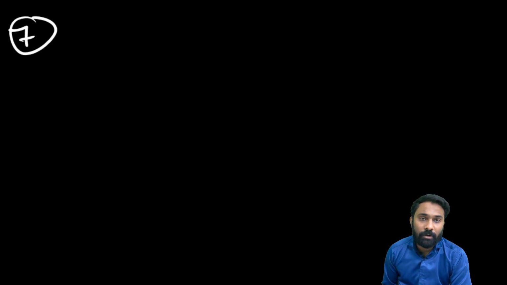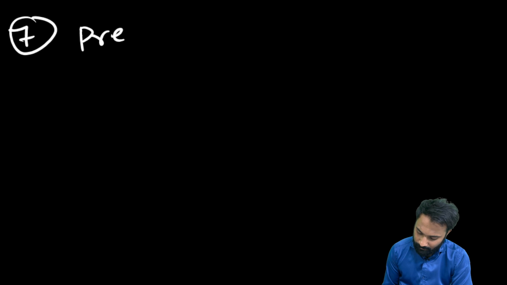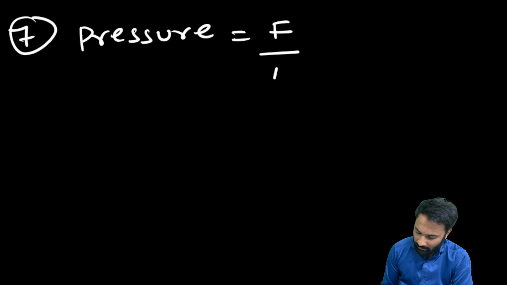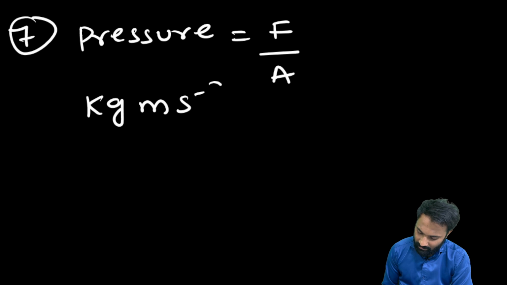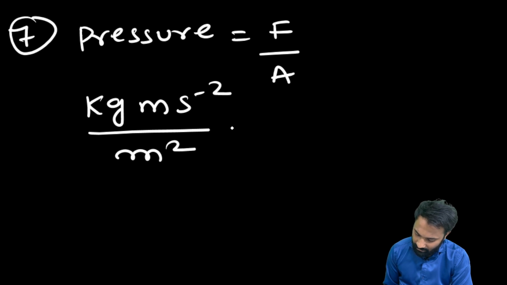Next we are going to see a very important one, that is pressure. What is the pressure? Pressure is force by area. Now what is the unit of force? Just now we have seen kg meter second inverse square. And what is the unit of area? Area is meter square.